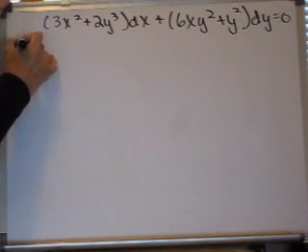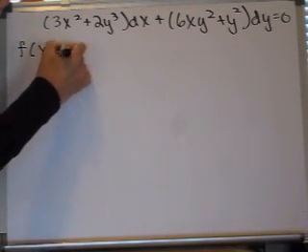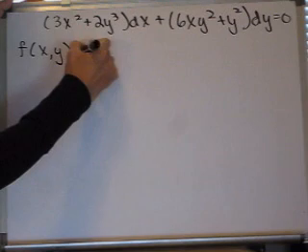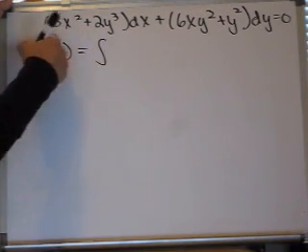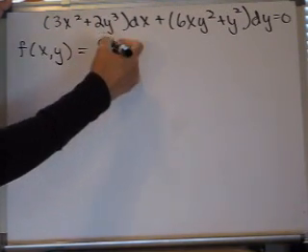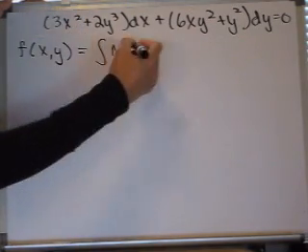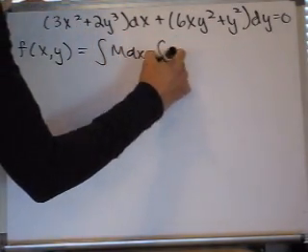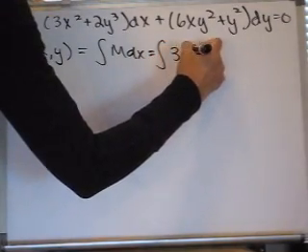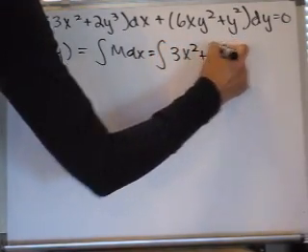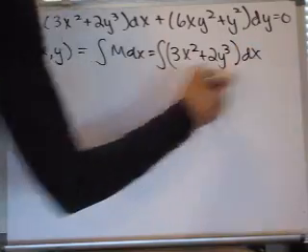Remember, the solution looks like f of x, y equals a constant. So I need to recover f of x, y, and that's going to be the partial integral of M dx, the first coefficient function, which is the partial integral of (3x squared plus 2y cubed) dx.